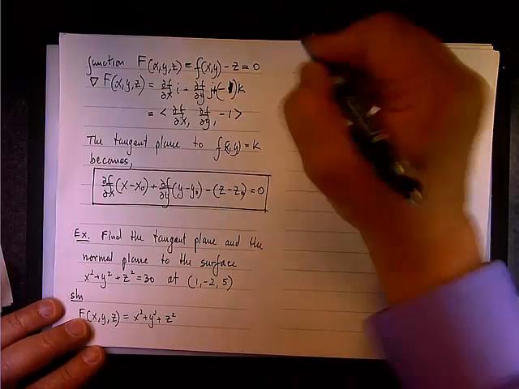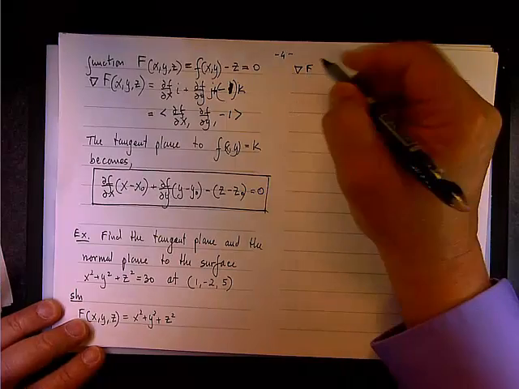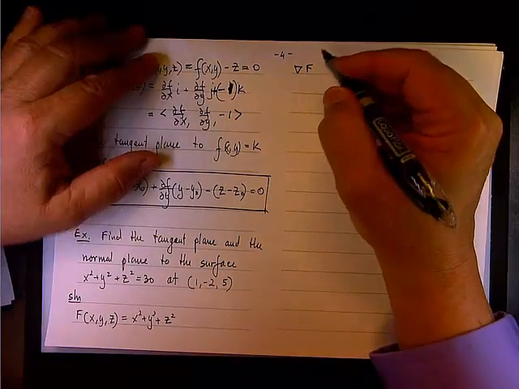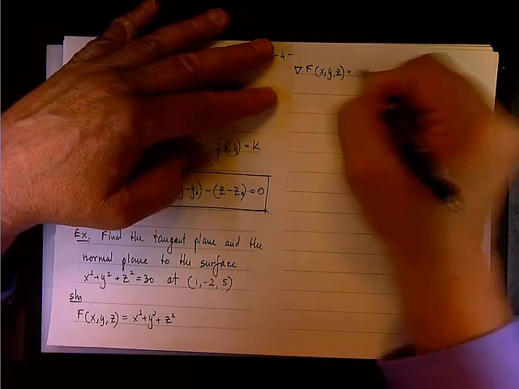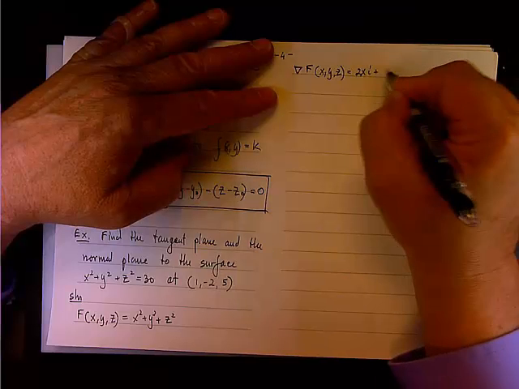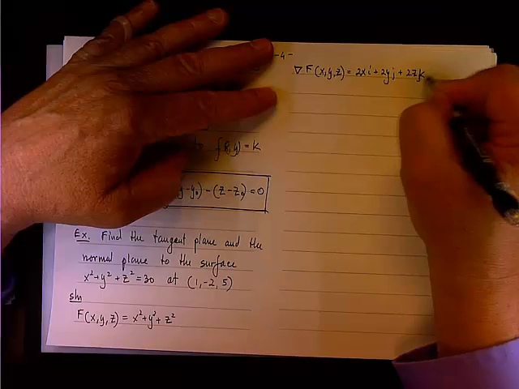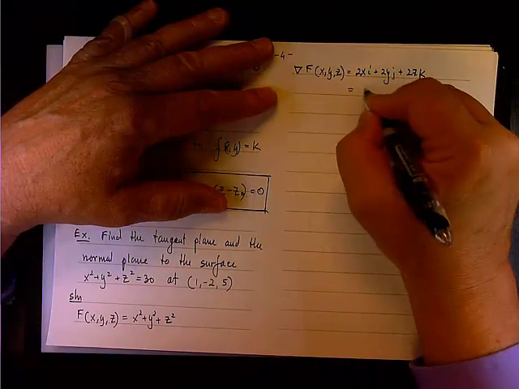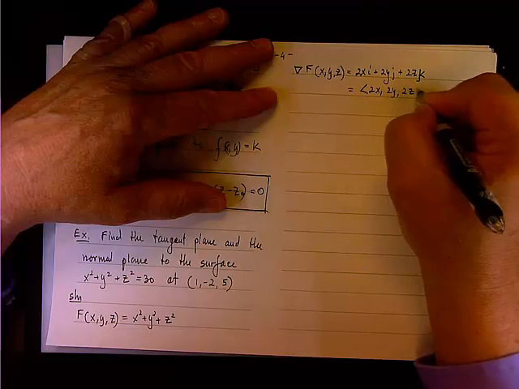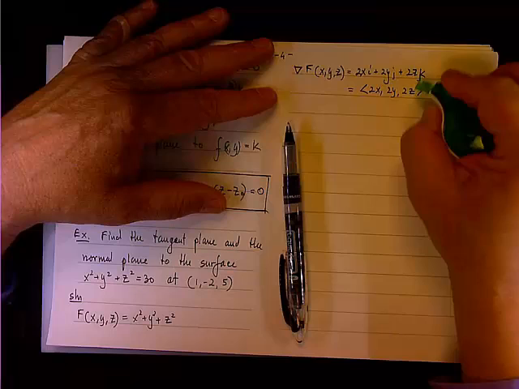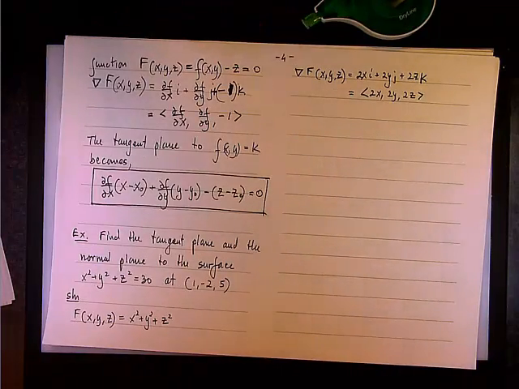The gradient vector del f of x, y, z in general is simply 2x in the i direction plus 2y in the j direction plus 2z in the k direction, or the vector (2x, 2y, 2z), which has the same direction as (x, y, z).